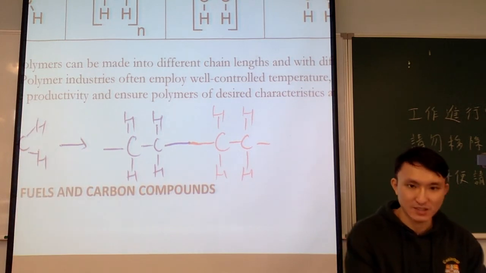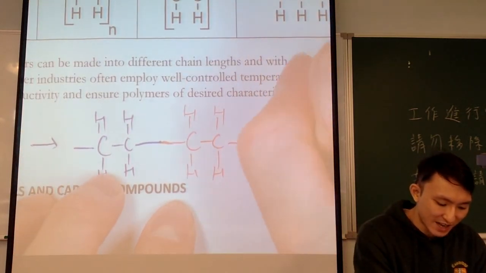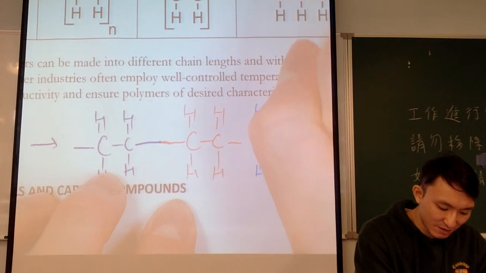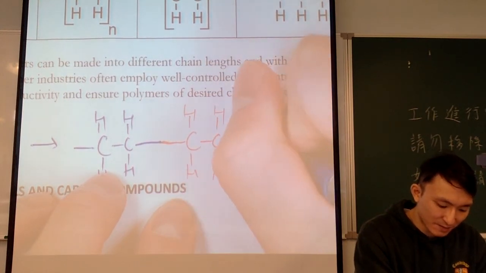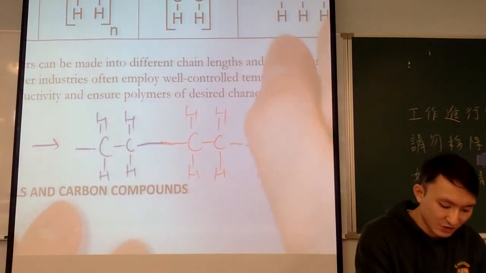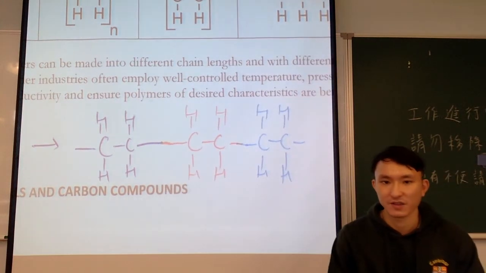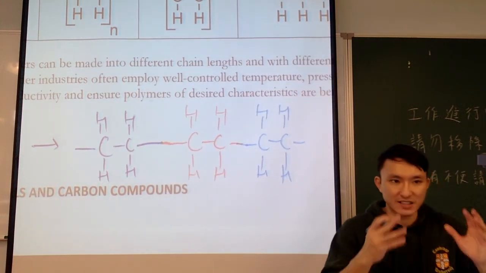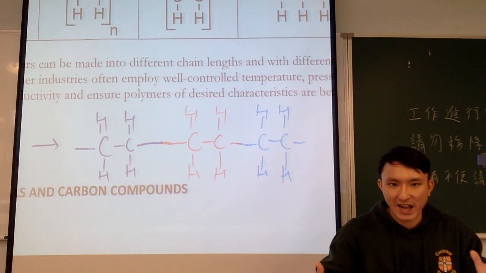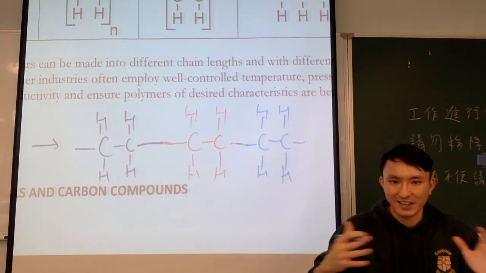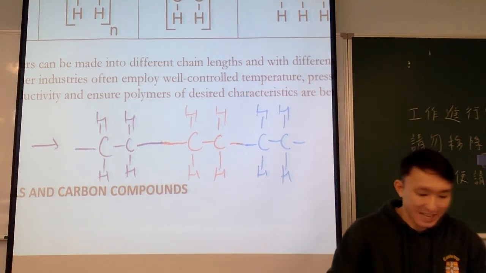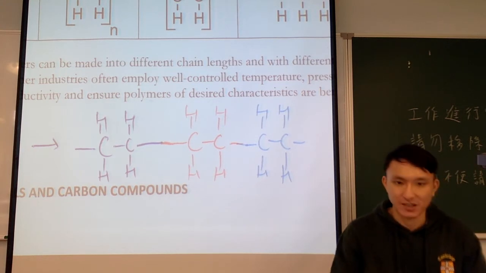So what you expect to see next is another ethene molecule opens up the double bond, and they just join to one another. This is how they keep reacting and lengthening the chain. So that's the idea. This is how the reaction takes place.